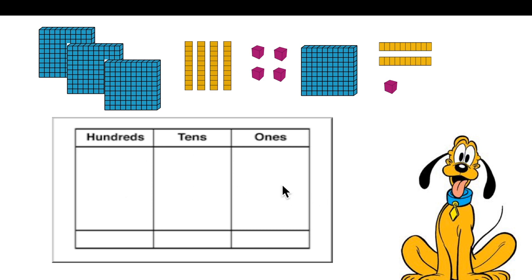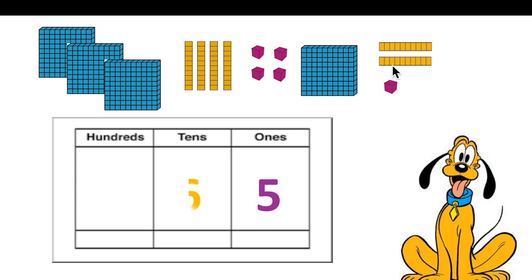Let's see how to do it. Where are the blocks for ones? The purple ones. How many can you count? I can count 5. Can you? Yes, they are 5. Now, how many tens blocks do we have? 1, 2, 3, 4, 5 and 6.